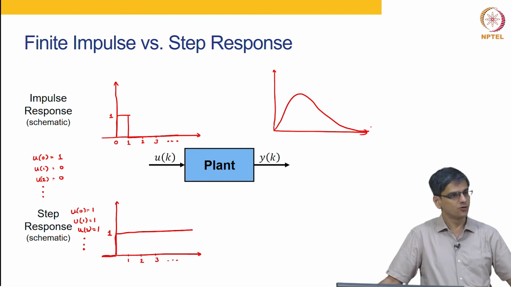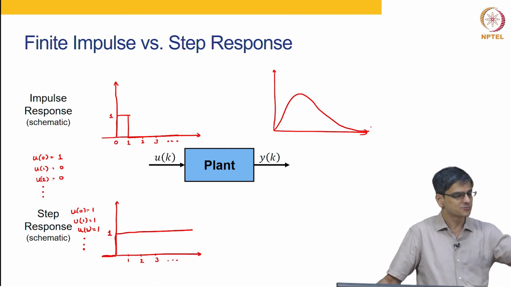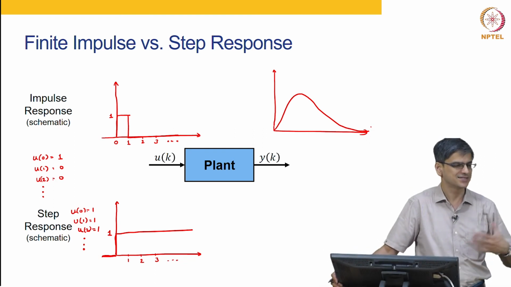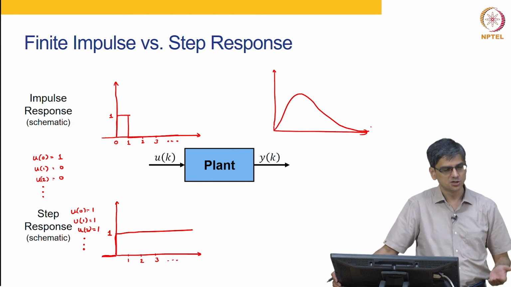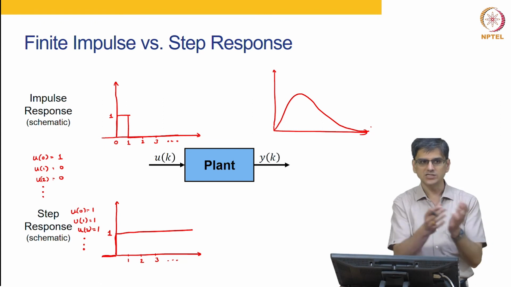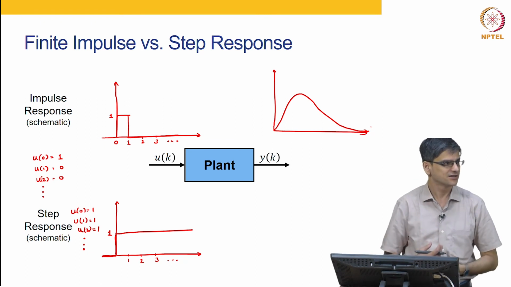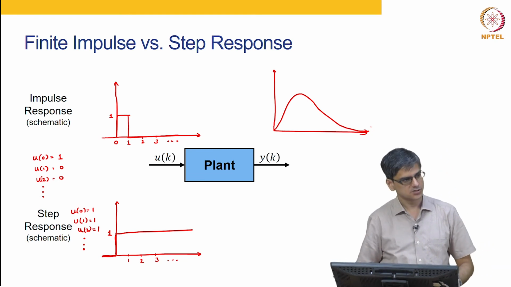Let us say the flow rate is 100 liters per minute, then 1 unit is to go from 100 to 101, that is a very small increase and you will not be able to measure anything. So, you will actually increase by say 20%, and once you get the output you will divide by that value and you will be able to get a step response model.